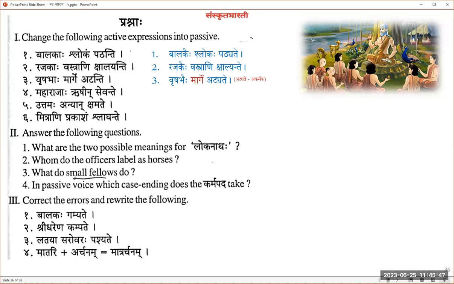Okay, sir. See, for example, if I say Rajakaha vastrani anayanti, then Rajakaihi kshalyante, because we know vastrani has been told in the previous sentence. Obviously, if the object is known through other contexts other than being part of the sentence, then you should accordingly adjust the vachana.